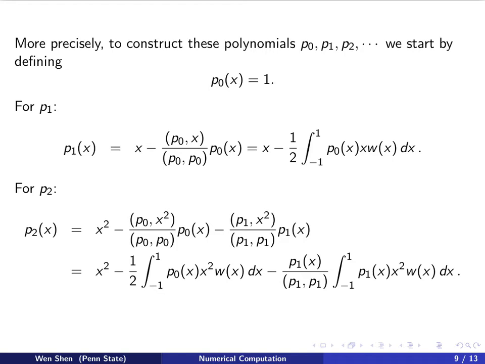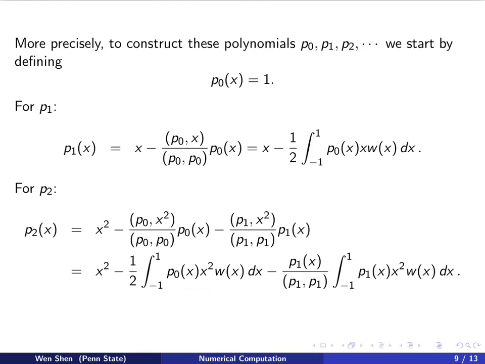So once you have formed P0 and P1, you can go on and form the function P2, and the goal is to have P2 being perpendicular, orthogonal to both P1 and P0.